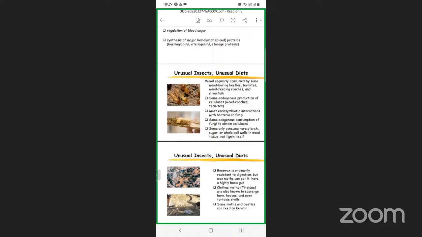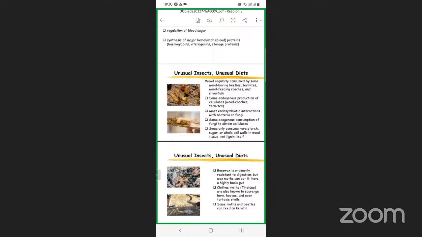The lipids play an important role as good sources of chemical energy and are important for the synthesis of steroid hormones in insects. We also see vitamins, which are fat soluble, and B complex vitamins, which are very important for molts, and ascorbic acid is also helpful in the molts of insects.